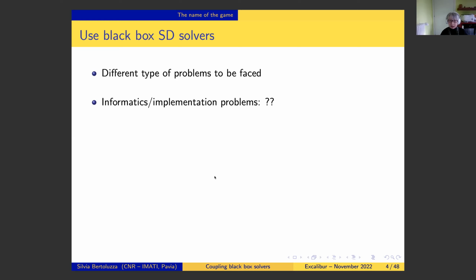This is kind of an informatics problem, and I put a double question mark because I realized that every time I try to figure out what these problems will be as a mathematician, I greatly underestimate them. So I will still try to figure them out, but I am aware that I am underestimating this, and I am concentrating on the mathematical problems that you encounter.